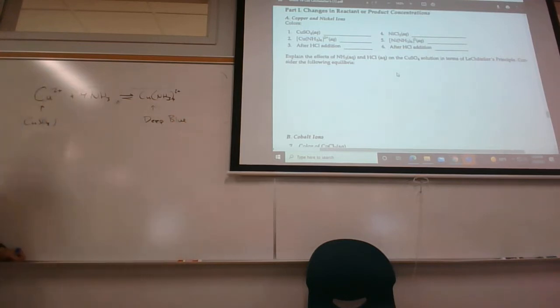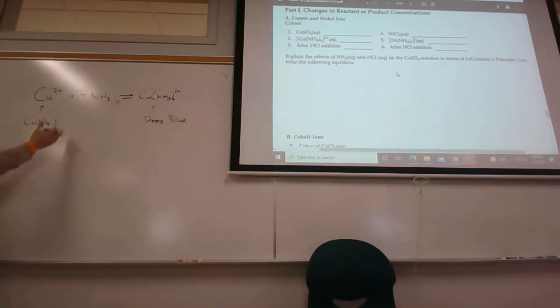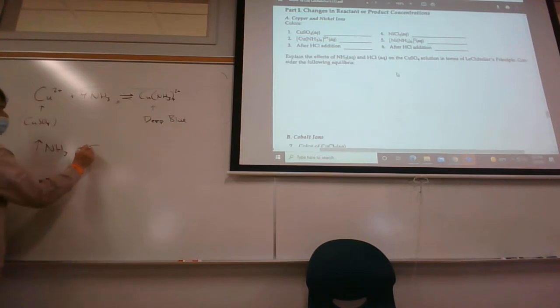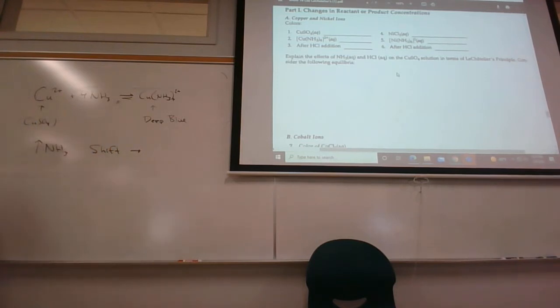So for something like this, all I want is just, you could write it out if you'd like, if that's your preference, or you can just show it symbolically. So for example, if we increase the ammonia, what's Le Chatelier's principle tell you? Which direction will it shift? To the right. Okay.